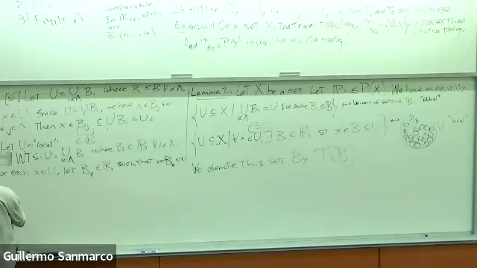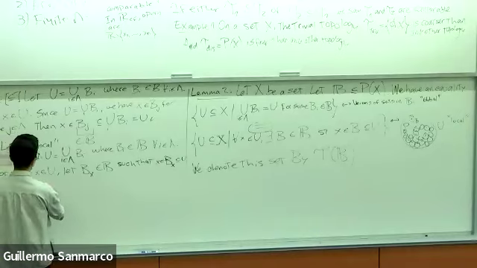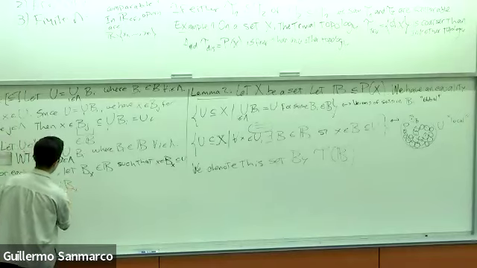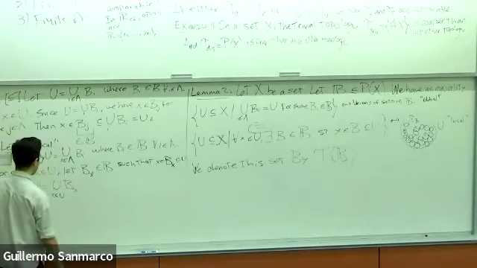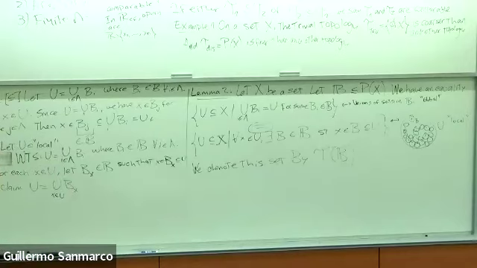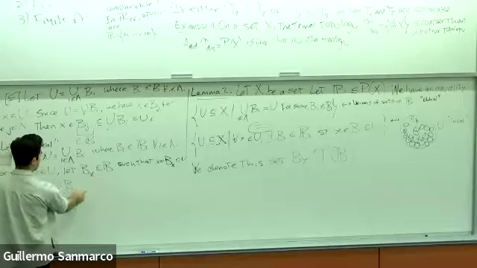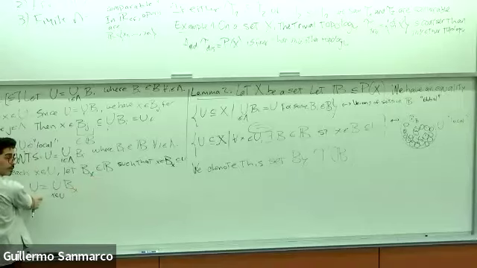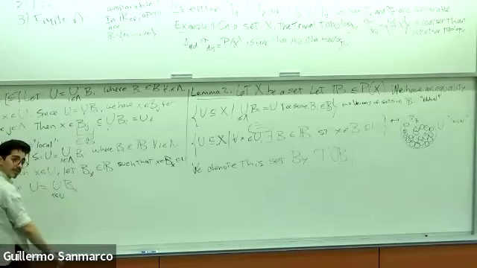And now we claim that if you take the union of all these Bx's, where x runs over any element of U, you should have the entire set. Two inclusions are clear. Each Bx is a subset of U, so the union is a subset of U. And if you take an arbitrary element in U, then it lives inside Bx, so it lives inside the union.